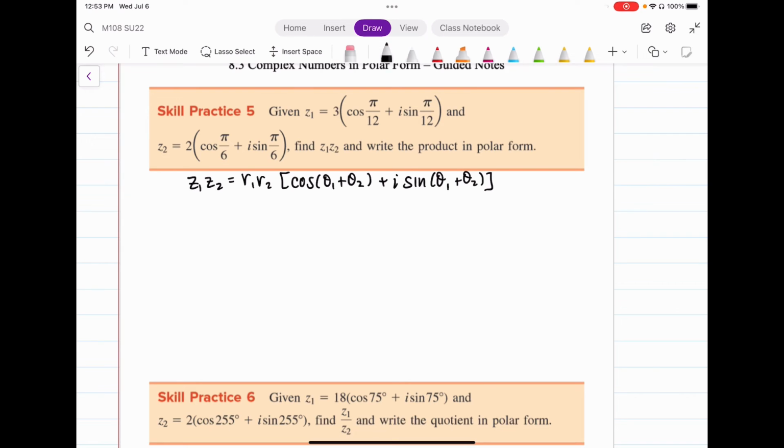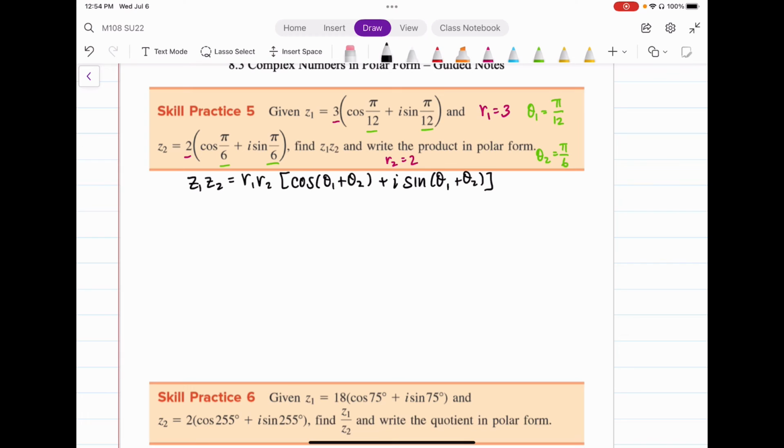And remember, in the lesson, we proved using the sum formulas for sine and cosine why this is true. Let's identify in z1, r1 is 3. In z2, r2 is 2. In z1, theta 1 is pi over 12, and in z2, theta 2 is pi over 6.